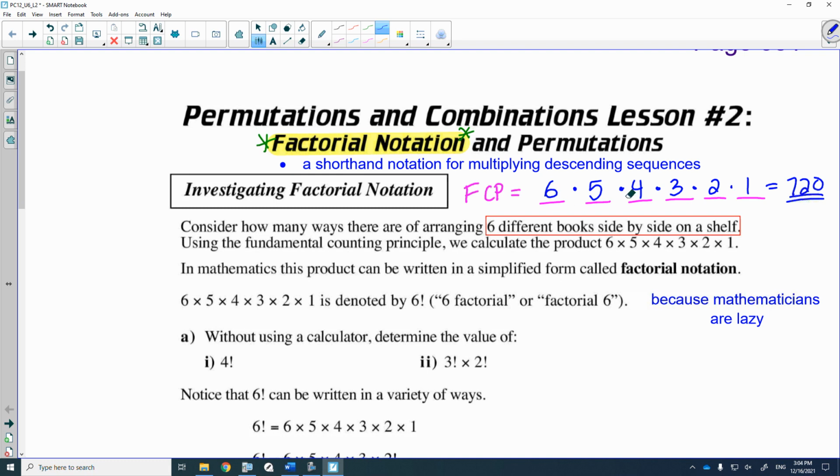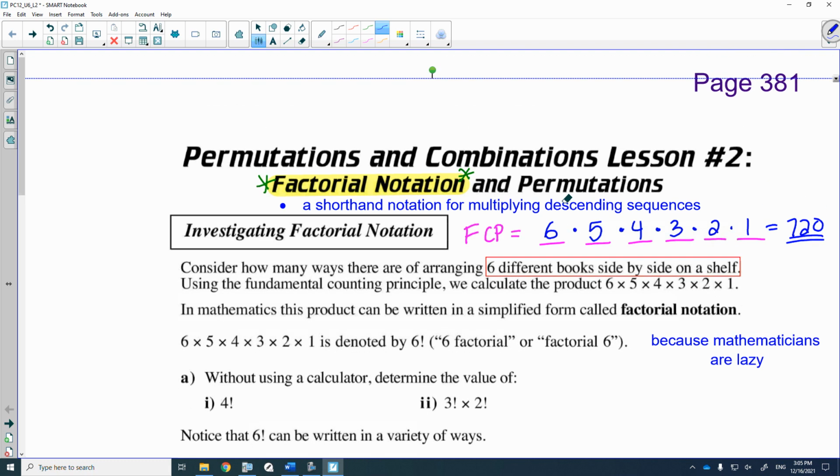So descending 6 down to 1. We actually have in math a shorthand way of writing a descending sequence. So how I could represent this is in something called factorial notation. And what that would be is 6 factorial. So it looks like 6 exclamation mark, but that means factorial.